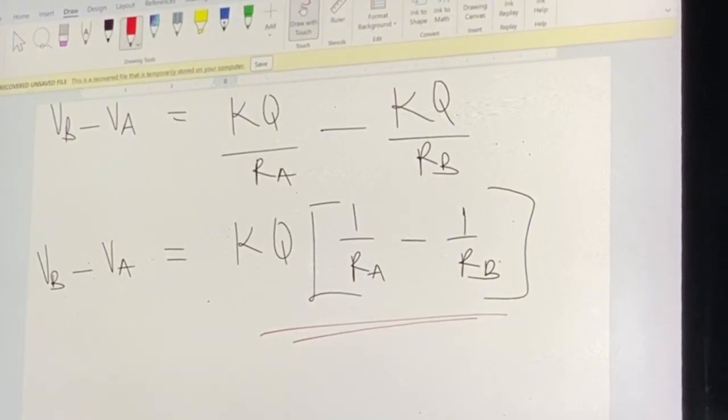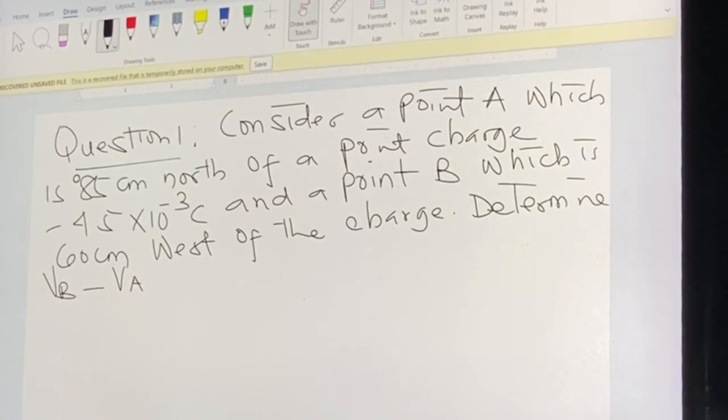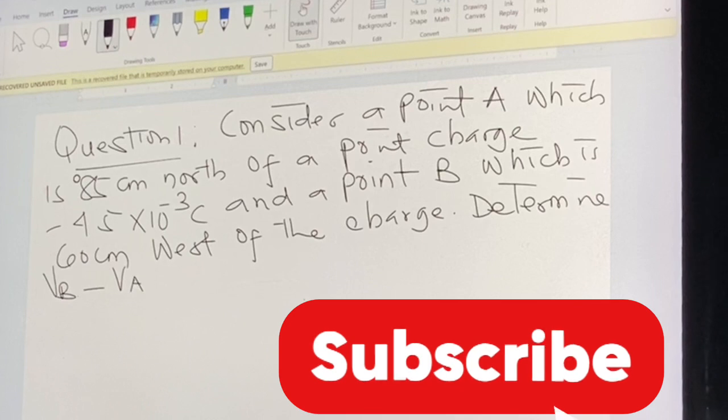So let's solve some questions here to apply this formula. Question 1, please. Let's solve this question here. They said, consider a point A which is 85 cm north of a point charge minus 45 times 10⁻³ coulomb, and a point B which is 60 cm west of the charge.